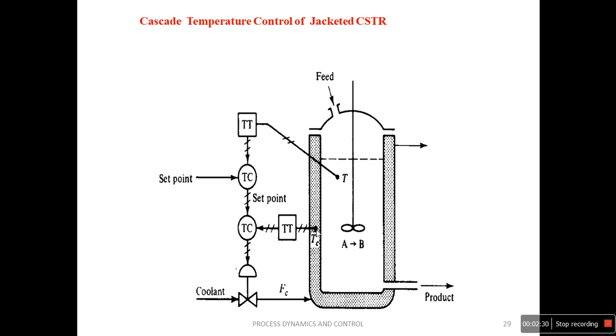So this reactor temperature is compared with the output of the primary controller, and depending upon the deviation, it provides a control signal such that it manipulates the coolant flow rate. So by changing the coolant flow rate, the heat produced in the CSTR, or the product temperature, will be removed and controlled to our desired set point.